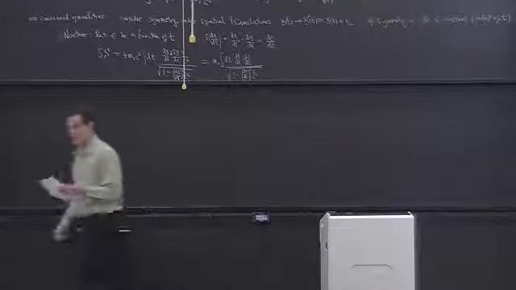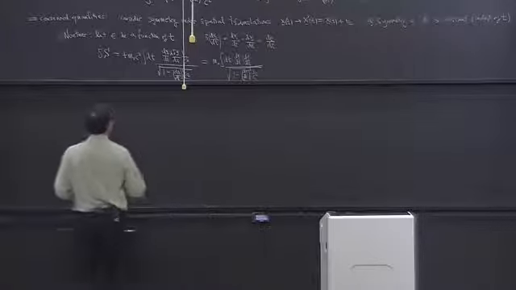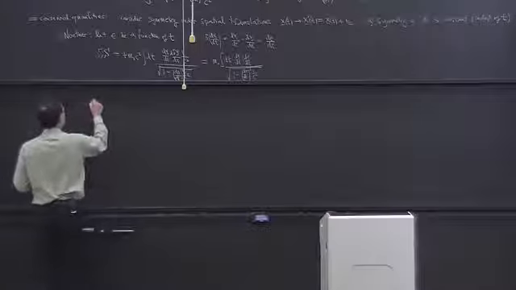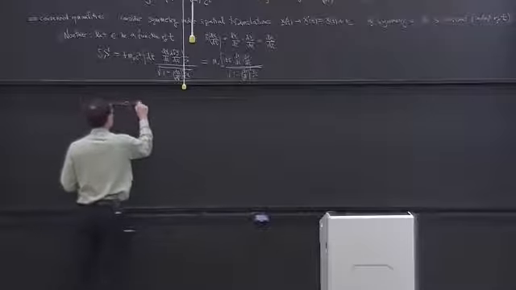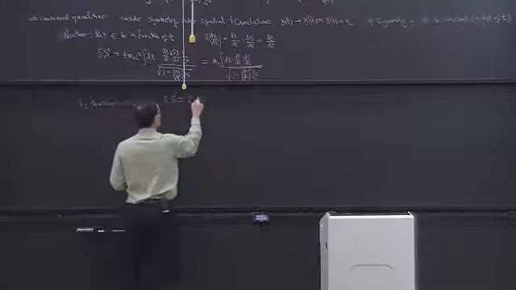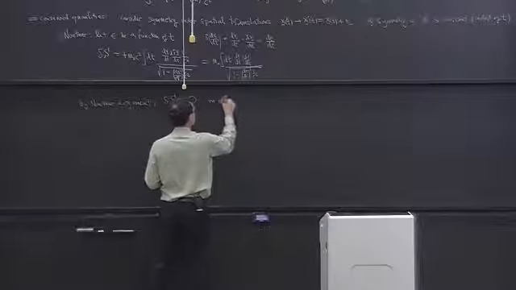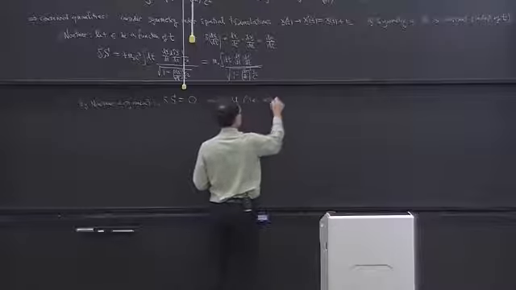Okay, they don't arise here. So by the Noether argument, delta S equals 0 on shell, right? I.e., using the equations of motion.